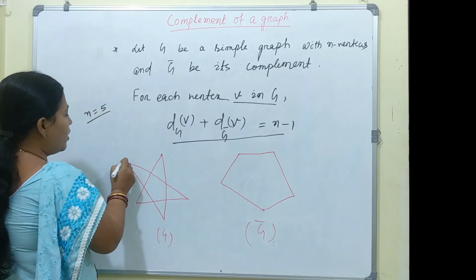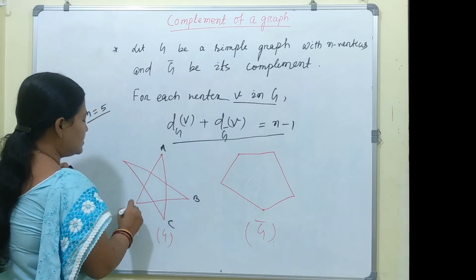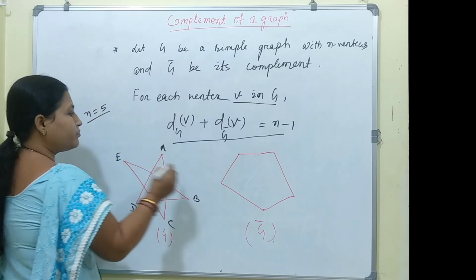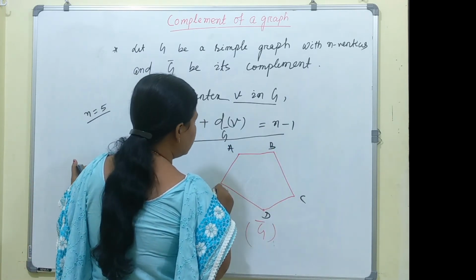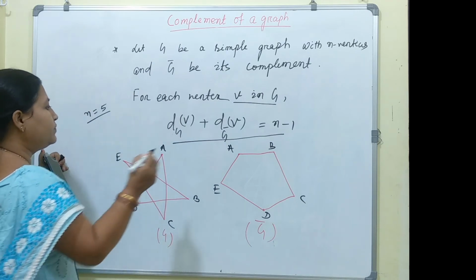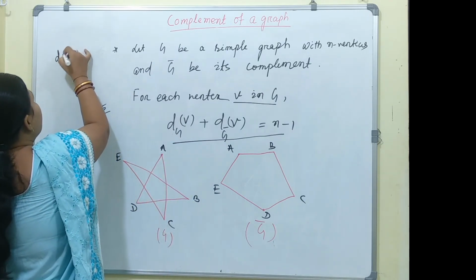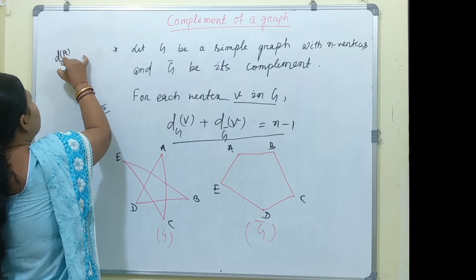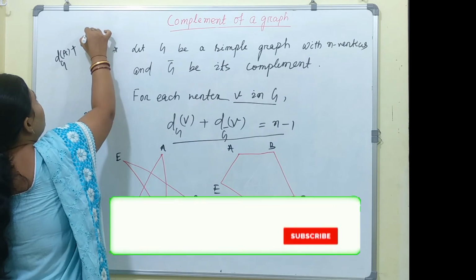Taking the degree of each vertex A, B, C, D, E in both graphs, we check: the degree of A in G plus the degree of A in G bar.